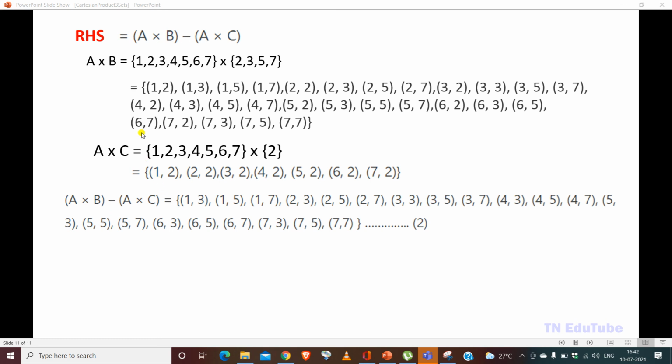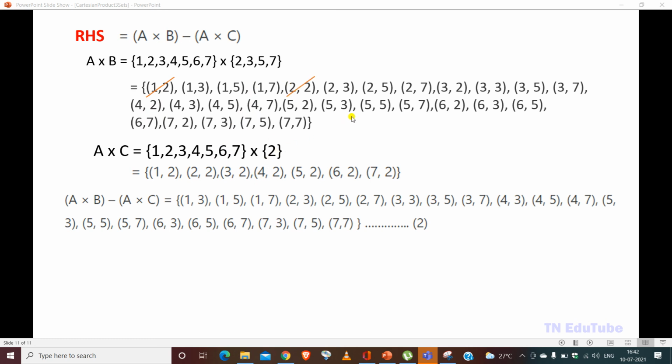So how to take the elements of the first set? You consider this set. Elements of this first set but not belonging to the second. Here (1,2) is present, we can cancel it like this. (2,2) we can cancel.